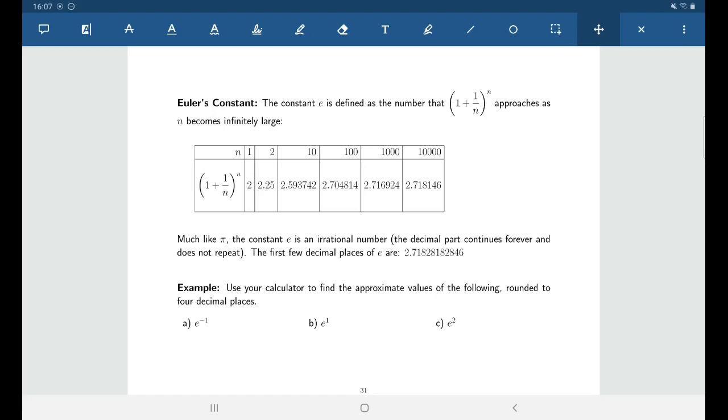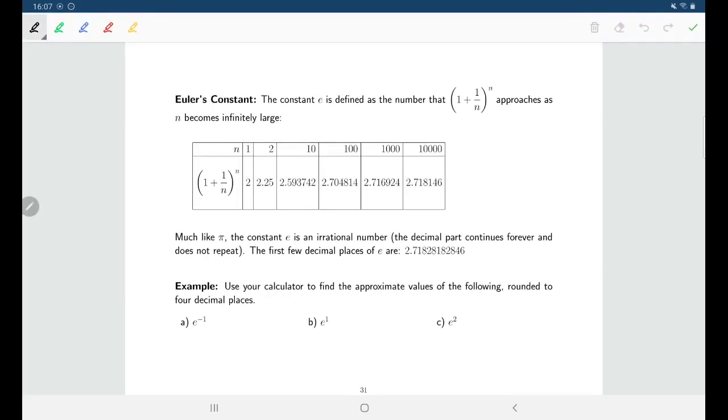It shows up in exponential growth and decay. So if we're looking at, and we will look at later on, growing bacteria in a jar and measuring how many bacteria are in the jar after a certain amount of time, as it turns out, this constant appears in that.